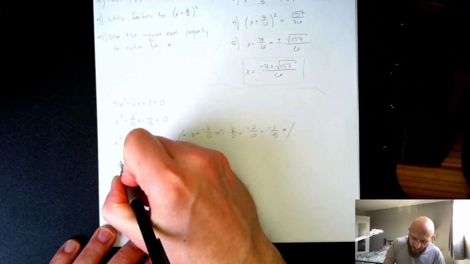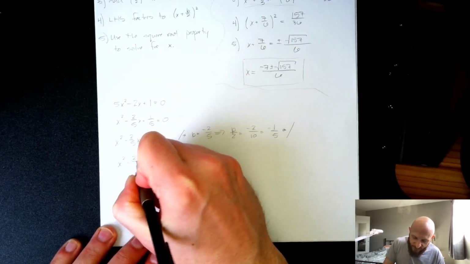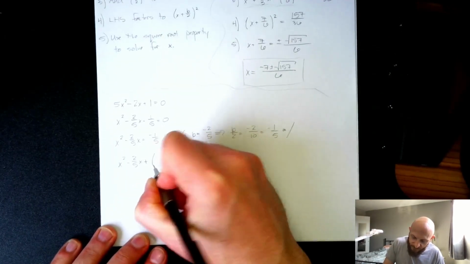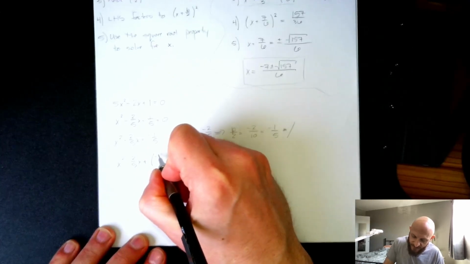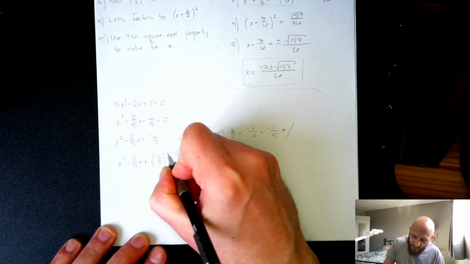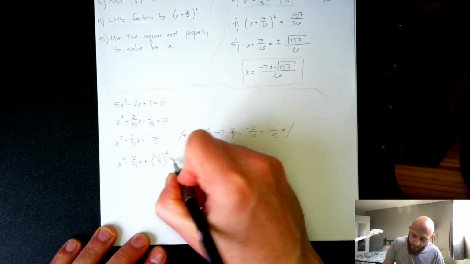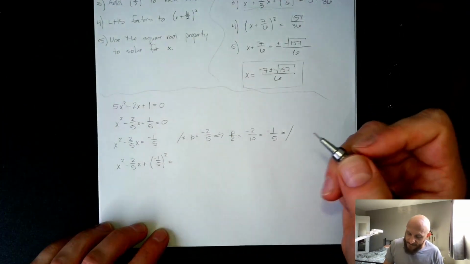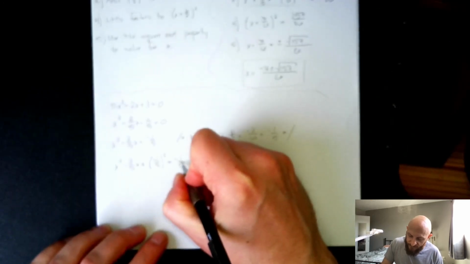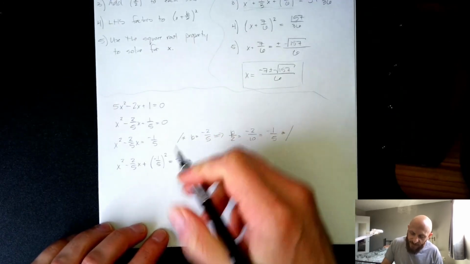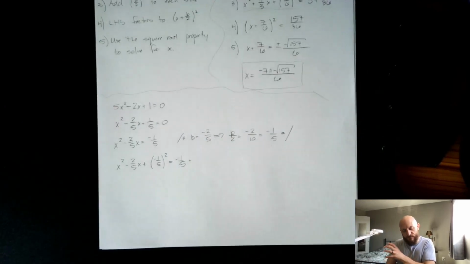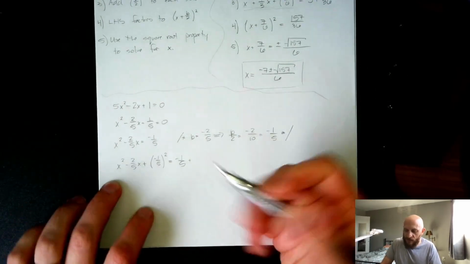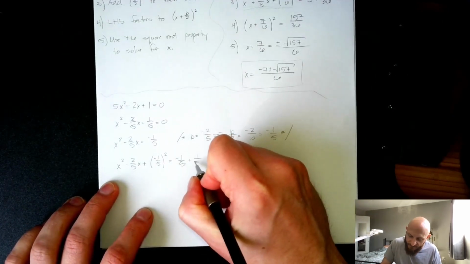I'll write this as x squared minus 2/5 x, plus, in parentheses, b over 2, which is negative 1/5, quantity squared, equals, let's see what's on the right, negative 1/5 plus, and now I'll simplify this negative 1/5 squared. I have to add this to the right hand side, but when I square it, it becomes 1/25 positive.